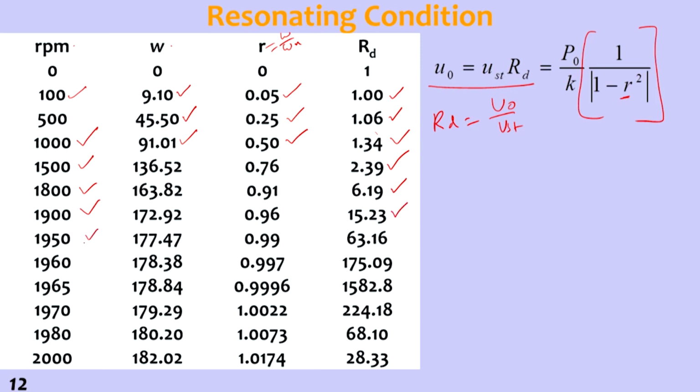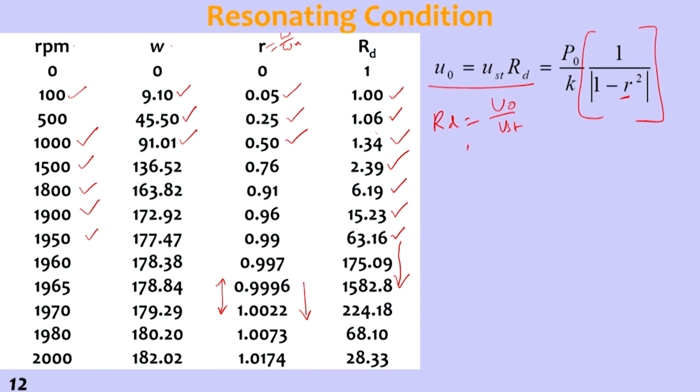When rpm became 1950, it became 63 times. You can see it is increasing very fast, and suddenly it has dropped here. So something is happening just before R equals 1 and just after 1.